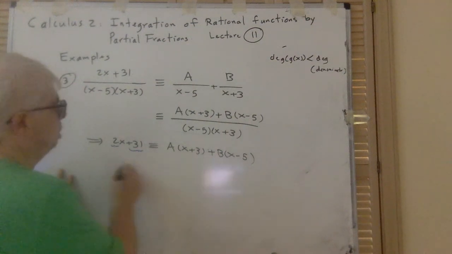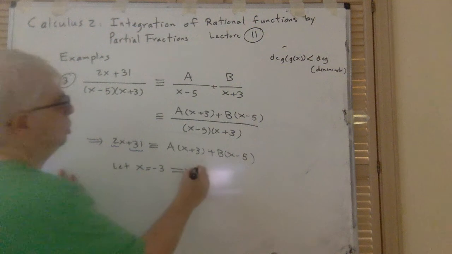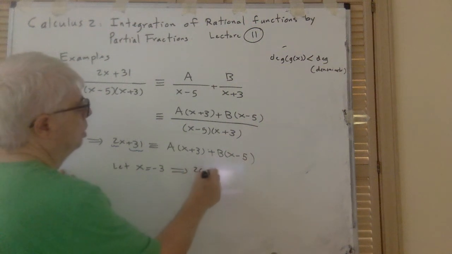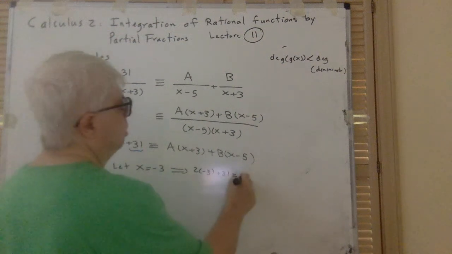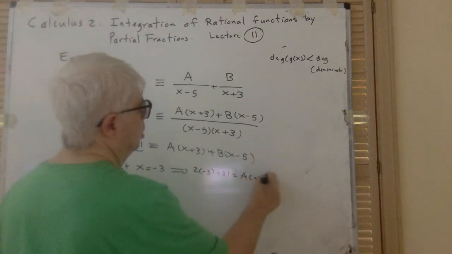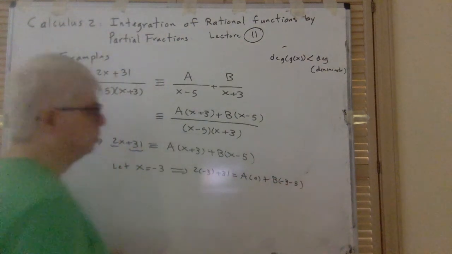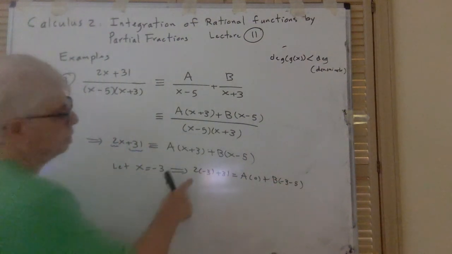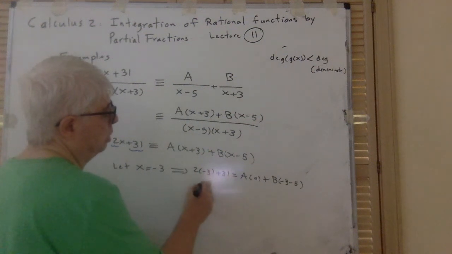How can I make this 0? So let x be negative 3. Then this side will give me 2 times negative 3 plus 31 equals a times 0 plus b times negative 3 minus 5, right? Now this side will be negative 6 plus 31, and that is 25, right?